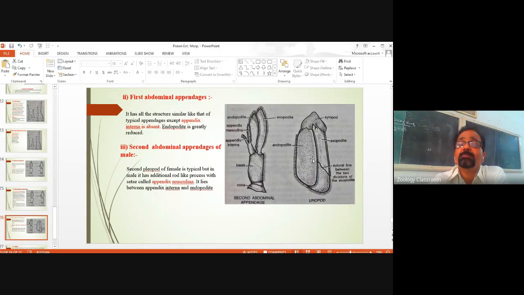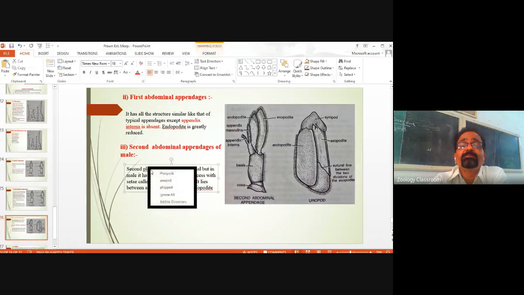फर्स्ट ॲबडॉमिनल अपेंडिक्स. पण हे बघा सेकंडमध्ये काय दाखवतो, सेकंड ॲबडॉमिनल अपेंडेज ऑफ मेल. परत आता इथं सेक्शुअल डायमॉर्फिक कॅरेक्टर आहे बघा. सेकंड प्लिओपोड of female is typical but in male it has additional rod. आता बघा इथं बाकीचं सगळं आहे, कोक्झा, बेसिस, एंडोपोडेट, एक्झोपोडेट, अपेंडिक्स इंटरना पण आहे, तर याच्या व्यतिरिक्त ॲडिशनल स्ट्रक्चर इथे दिसतंय बघा, अपेंडिक्स मस्क्युलिना.